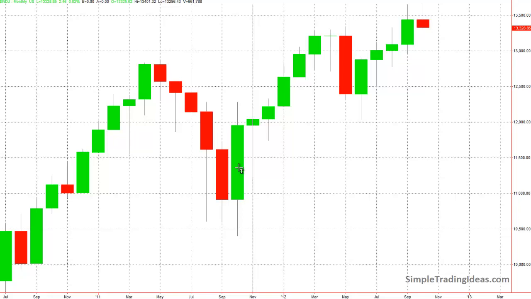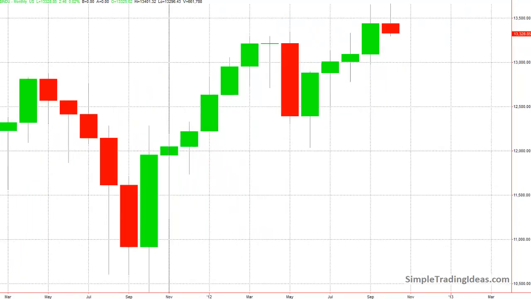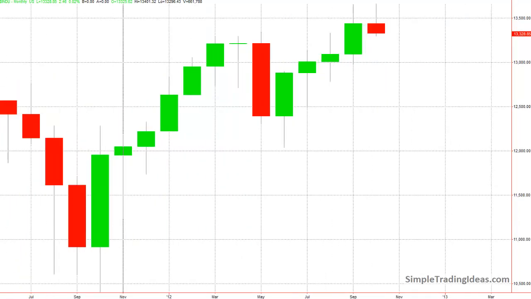Now let's compare the candles here, and we'll see a little bit about the price makeup of each of these. In a bearish candle, the open is the very top of the real body.